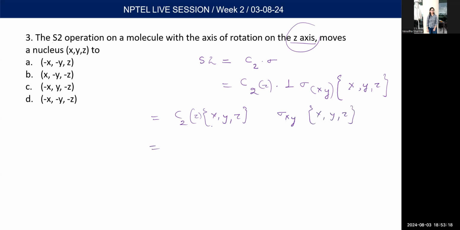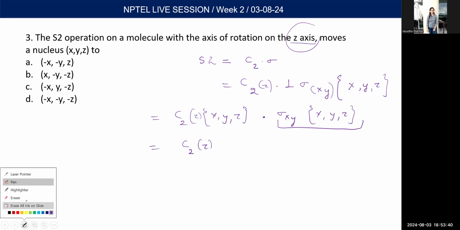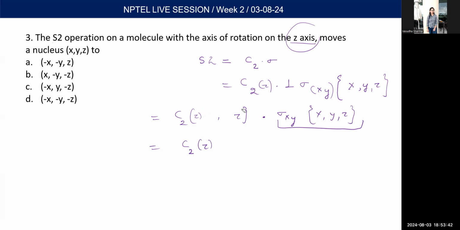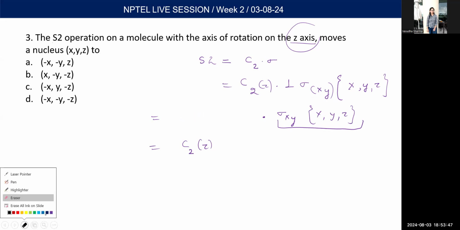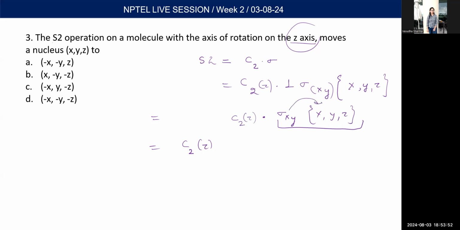Now, when you apply the operation of C2Z on XYZ, what will you have? Firstly, you have to apply the right side operation, which is sigma XY. So first we are going to apply sigma xy.